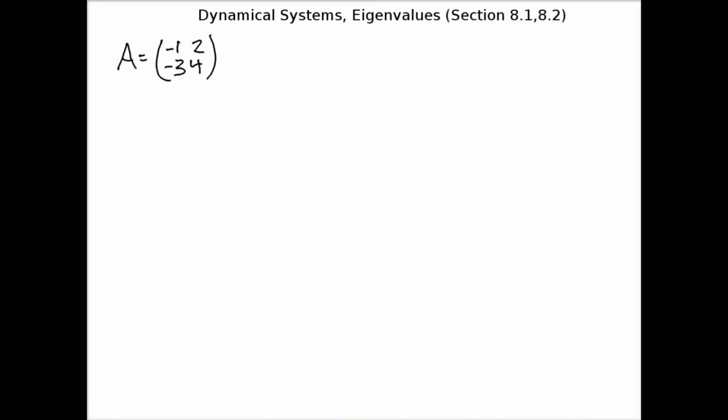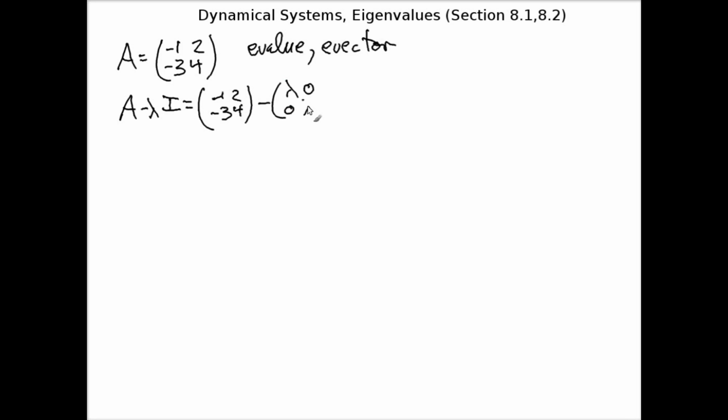So let me conclude with this example from before. I did this one before, and I'll show you how I got it. So take A to be the 2x2 matrix, and I'd like you to find every eigenvalue, and for every eigenvalue, the corresponding eigenvectors. So, you take this A minus lambda I. Lambda times the identity is this.